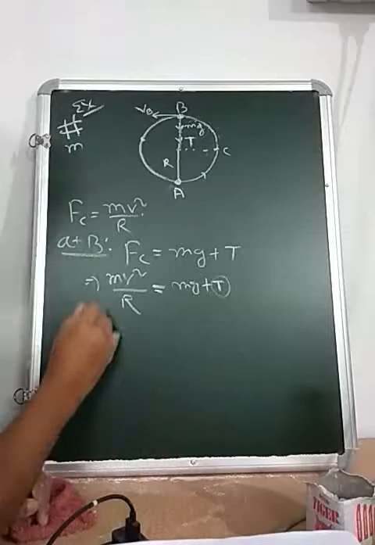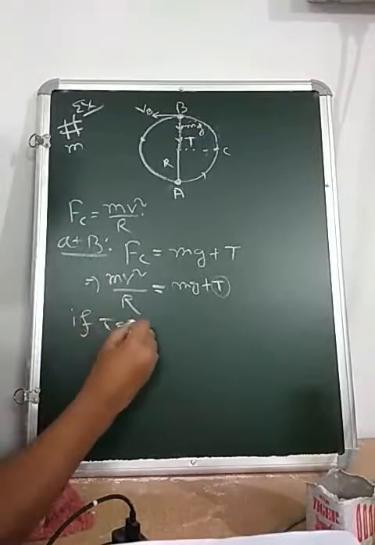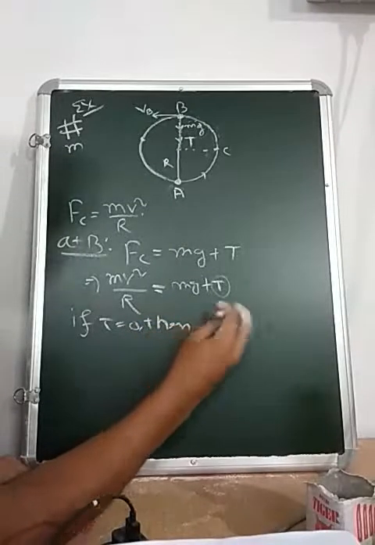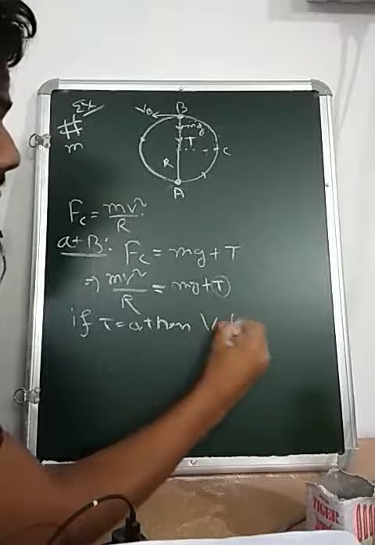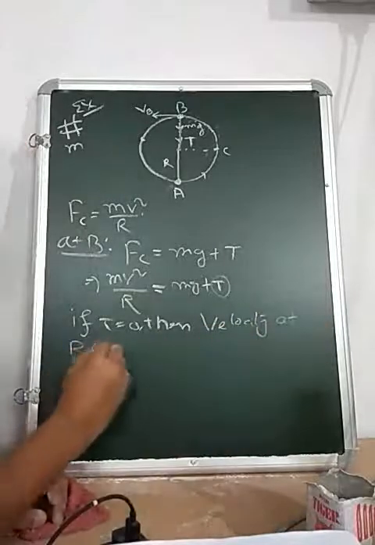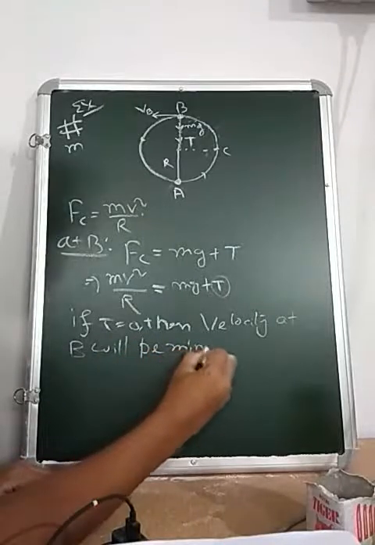So for the minimum case, if T is equal to 0, then velocity at B will be minimum.